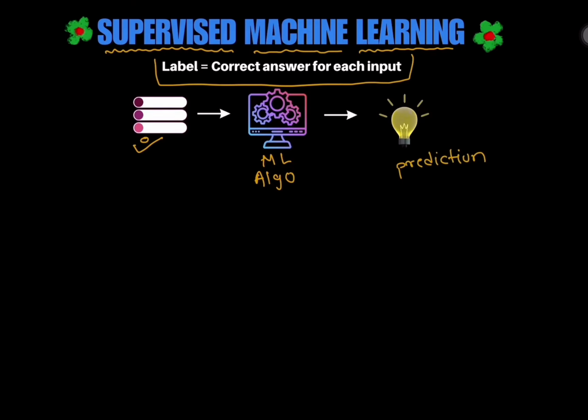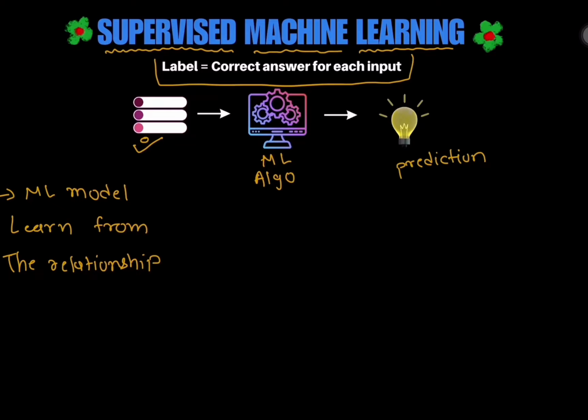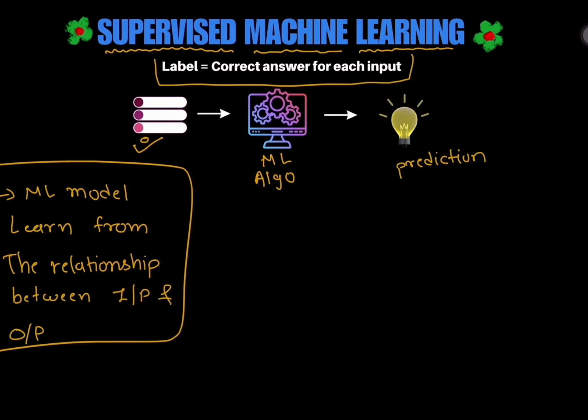Basically, in supervised learning, we make our machine learning model learn from the relationship between input and output.